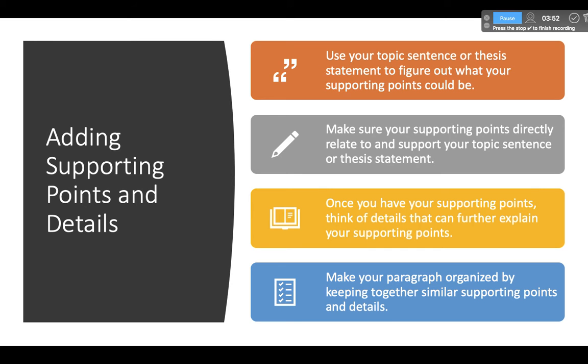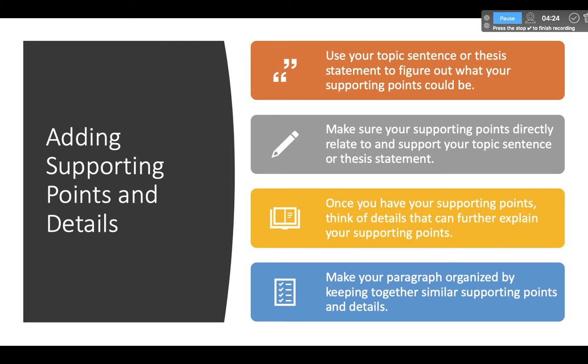Now, if in your first body paragraph your topic sentence says cats are better than dogs because cats are less expensive to take care of than dogs, you only write about that in your first body paragraph. In the same body paragraph, don't also write about how cats are better than dogs because they require less attention. Okay? You treat each paragraph like its own entity, like its own little world, okay?